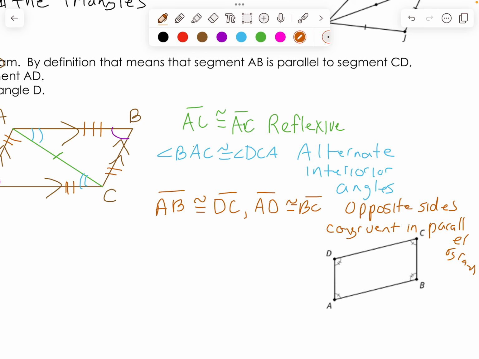Kind of ran out of room to spell parallelogram right there. All right, so technically I didn't need to talk about alternate interior angles.